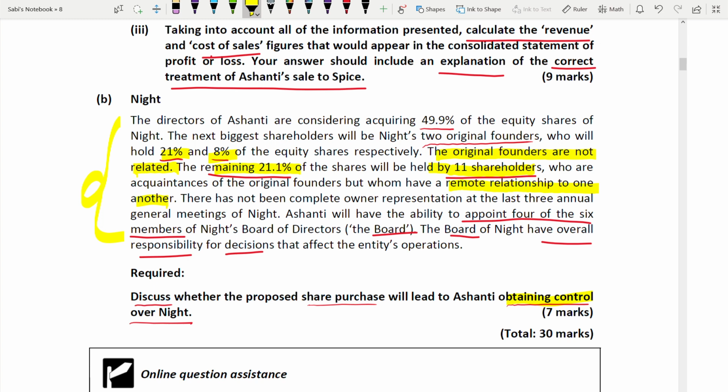Did they write about the last three general meetings? No, they said based on past practices. You see the words, not copy-pasting exactly as in the case study. You are writing in your own words, building sentences. And Ashanti will have the ability to appoint four of the six members of the board.